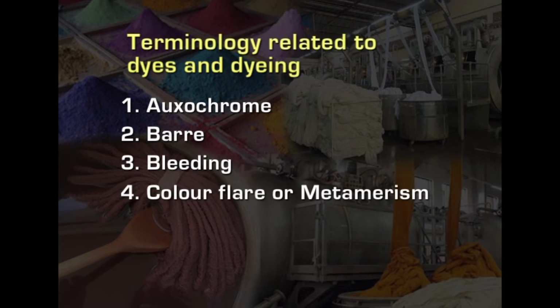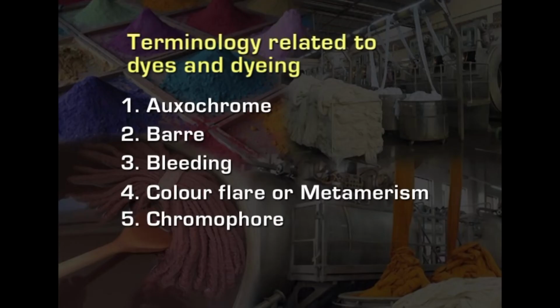Color flare or metamerism. This is a condition when two or more types of fabrics are dyed, particularly by different dyers. The colors may appear to match in one light, that means it may be daylight, but will not match in another light, that is incandescent light. Then chromophore is the color producing portion of the dye molecule.